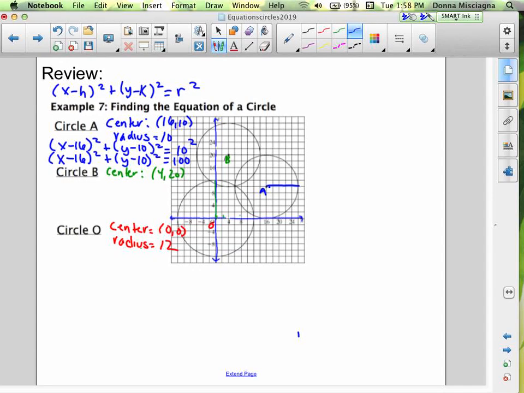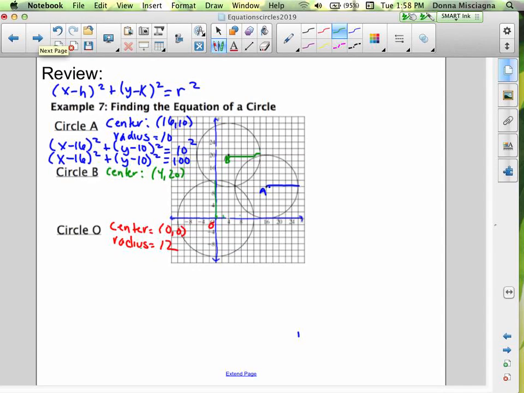Let's do the same thing for the green circle. The radius is 8? Is that one 8? No, that one's 20. Oh, that says B. That doesn't look like 8. That's a B. Okay, so the green one is circle B, and that would be not 20. That's the same size. That's 10.